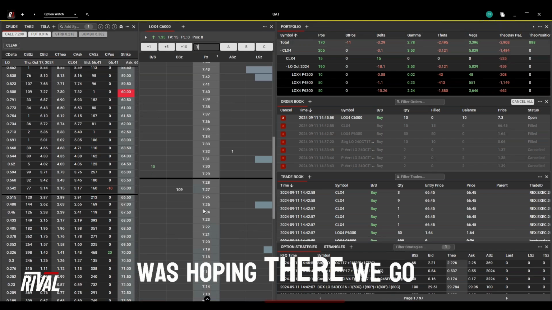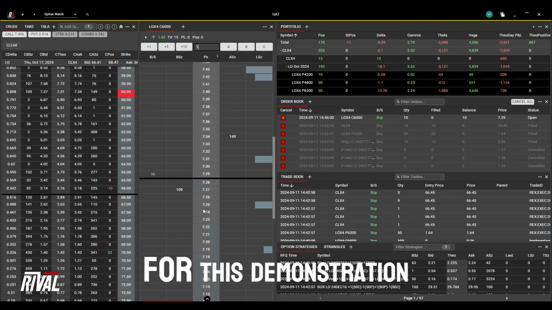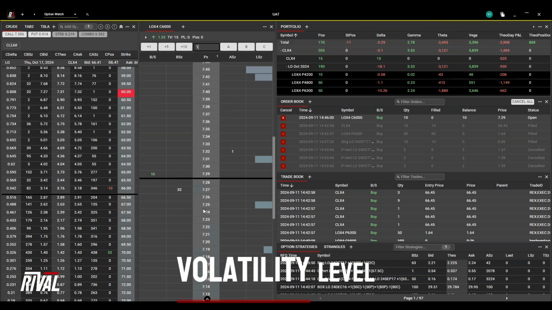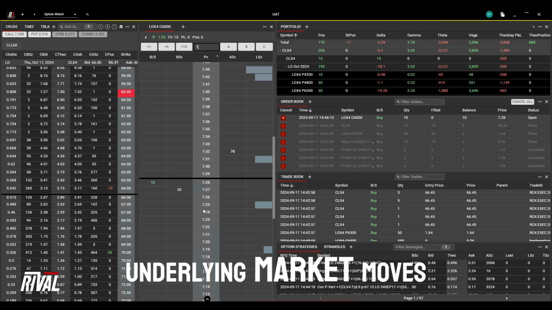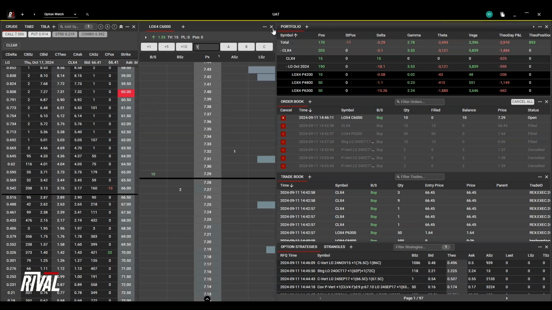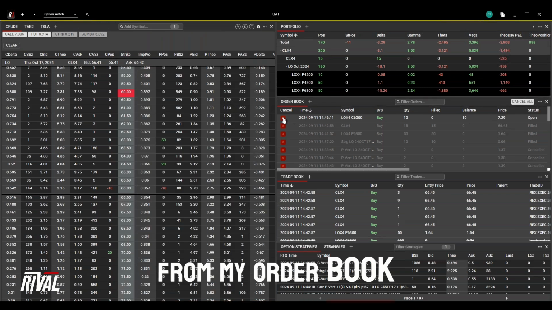As the underlying, I was hoping, there we go, a little bit of movement there in the underlying. I was hoping crude futures would be moving a little bit more for this demonstration, but you can see that that order is repriced to maintain that volatility level, depending on where the underlying market moves. I'm going to go ahead and cancel that order from my order book.